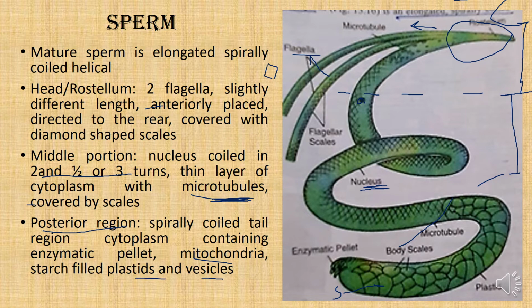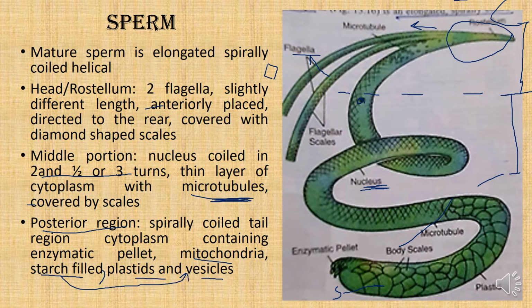We know that the plastids of all the Charophycean algae do not have pyrenoid. So the plastids do not contain any pyrenoid, but the starch is stored in the vesicles.